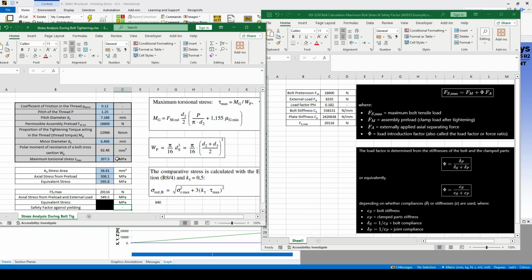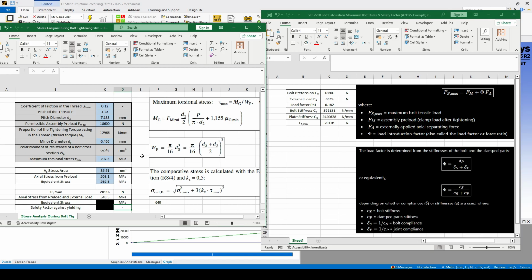In this model we use 90% of the permissible bolt pretension, which was 18.6, and that's why we got 207 as torsional stress. If you use a lower preload, we expect lower torsional stress and an overall lower stress.